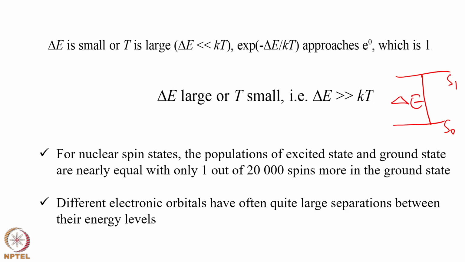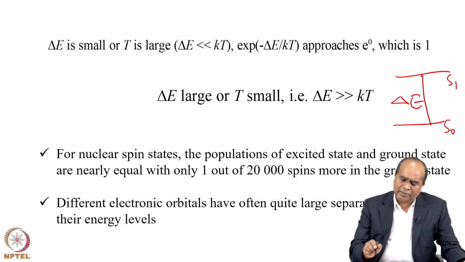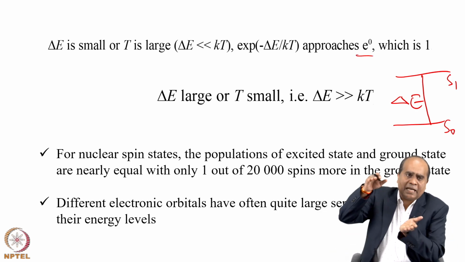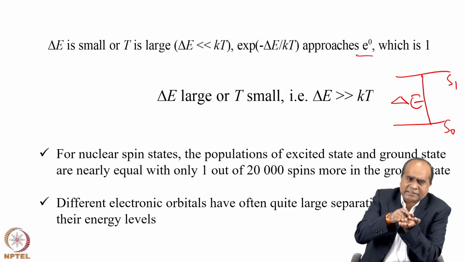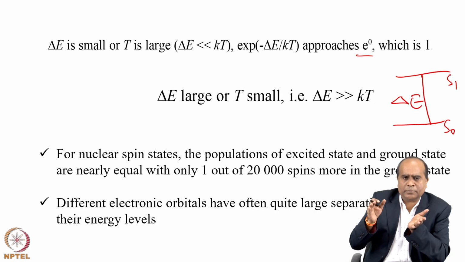So, if delta E is small or T is larger, then exponential of delta E by kT will approach e to the power 0, which is 1. That means if your delta E is small and kT is large, the energy difference between the ground state and excited state will not be too much.